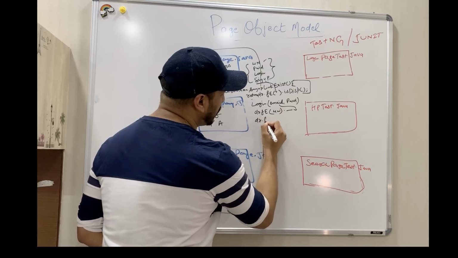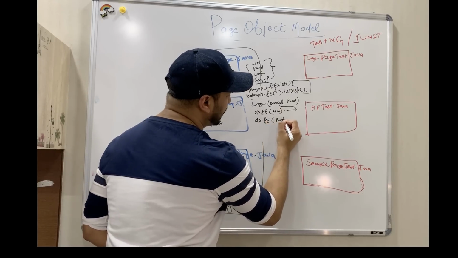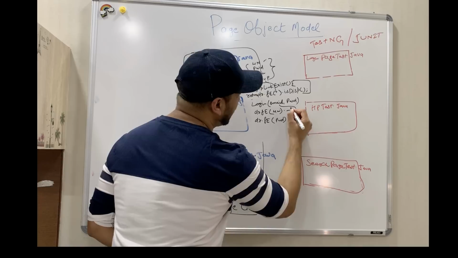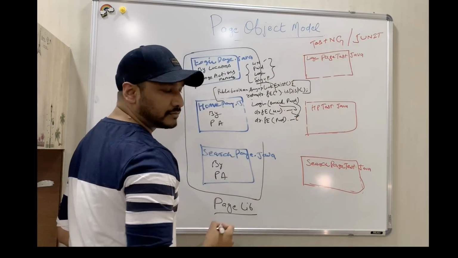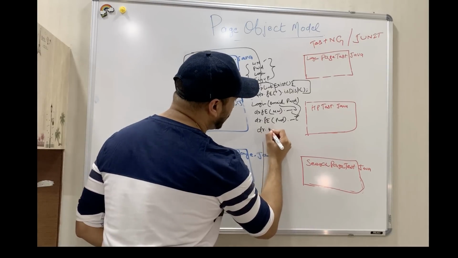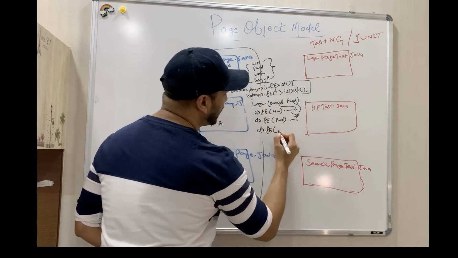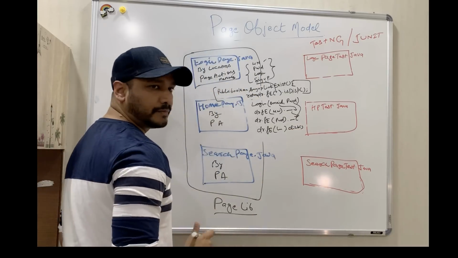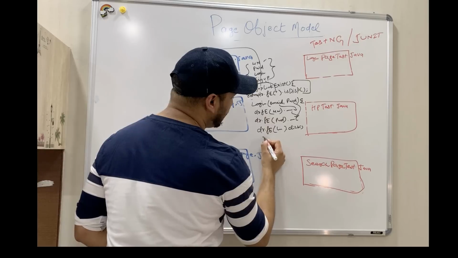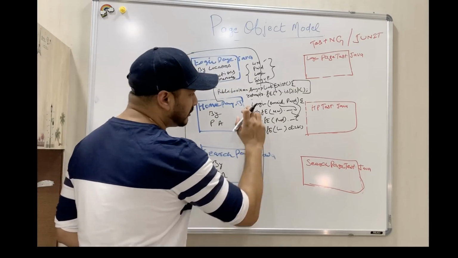Same thing, driver.findElement, use this particular password, .sendKeys, and enter this particular password over there. Same thing, then you have to click: driver.findElement, the login button, and then .click. Typical way. So this is my second page action that I have written. Now this method is doing what?